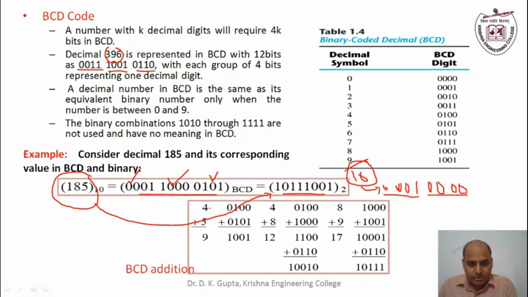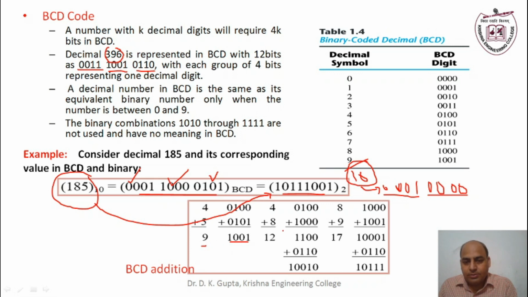Here we have shown a good example. Suppose 4 plus 5 equal to 9 in decimal. Whenever we perform the same operation in BCD, 4 is written as 0100 and 5 is written as 0101. By adding these, we have 1001, which is equivalent to 9.